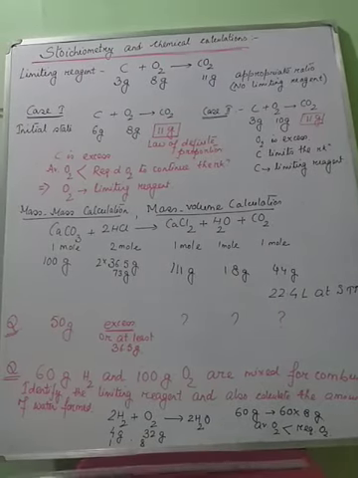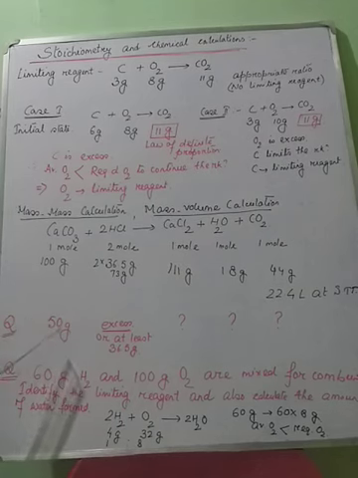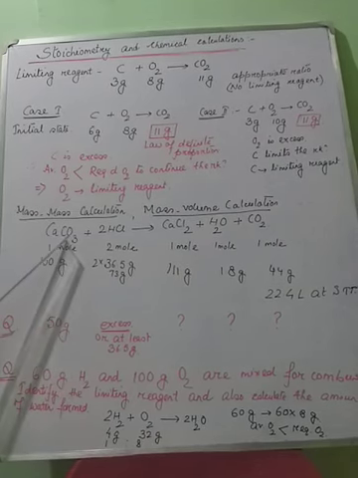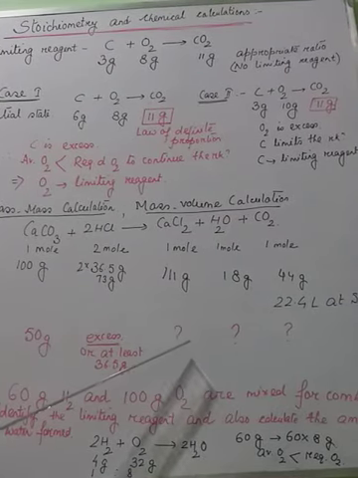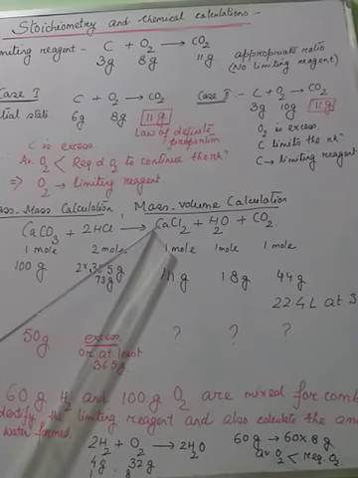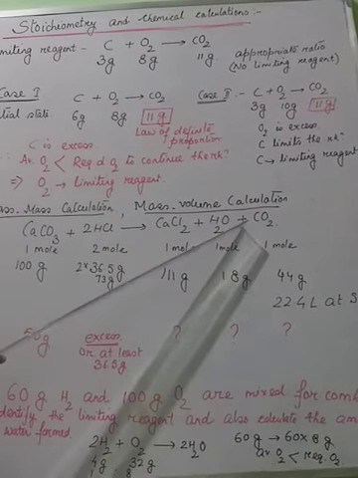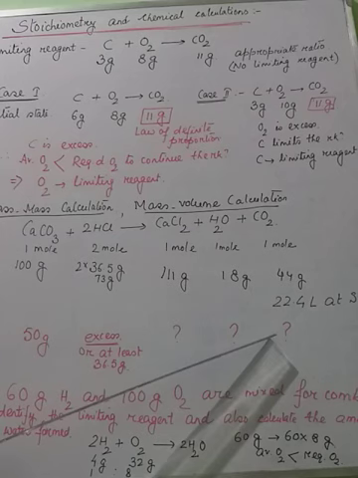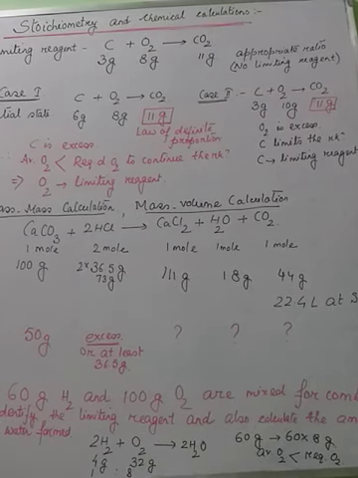Now, if the question is, suppose we have 50 gram of calcium carbonate and excess HCl, what will be the amount of calcium chloride in gram, water in gram, and what would be the amount of carbon dioxide in gram or the volume of carbon dioxide at STP?